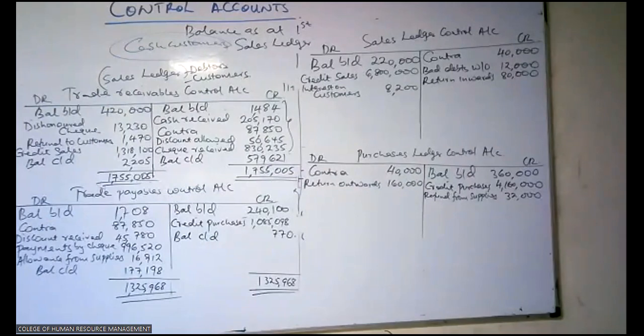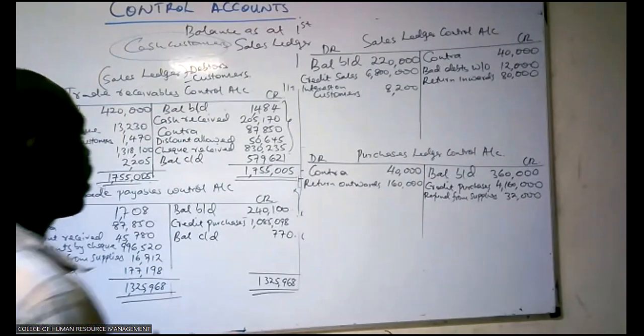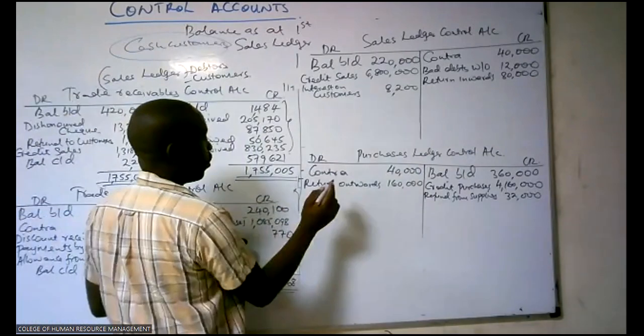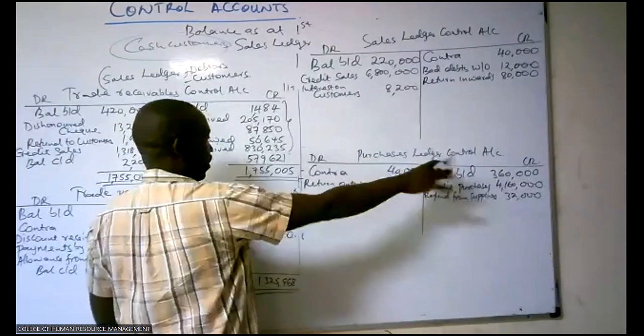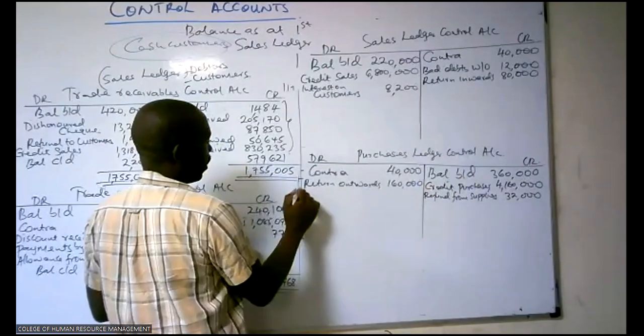The other thing, interest on overdue to capture. Discount received from credit suppliers. Discount received comes here. We are receiving it from the supplier. It is reducing that debt.